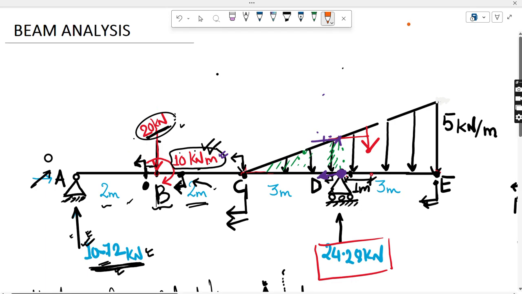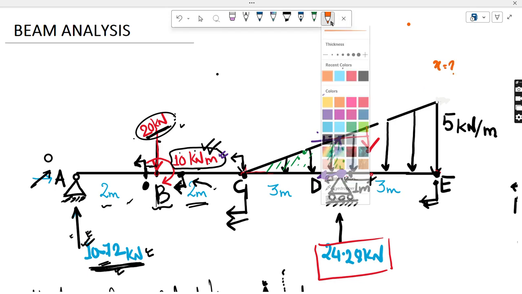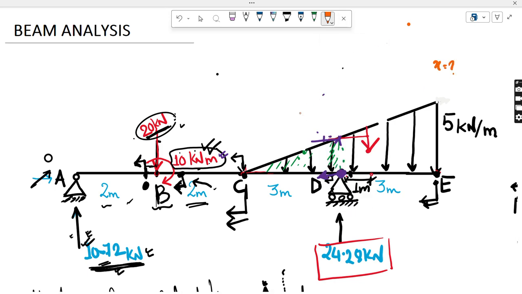Let's see here. So I have to find the x value. What is this x value equal to? For that, I have to draw a section, because this bending moment was zero in between C point and this D point. So let me cut a section somewhere between C and D. You can make it anywhere like this. This is a section.